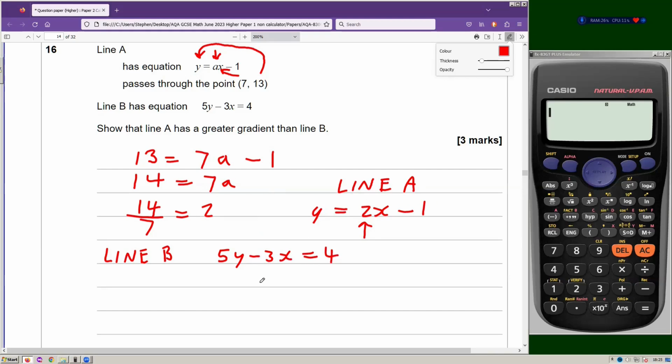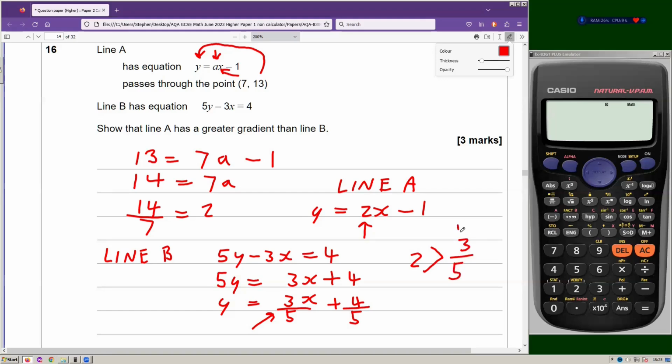So I'm going to move the 3x over. 5y equals 3x plus 4. y equals 3x over 5 plus 4 over 5. That's our gradient. 2 is greater than 3/5. We've done it.